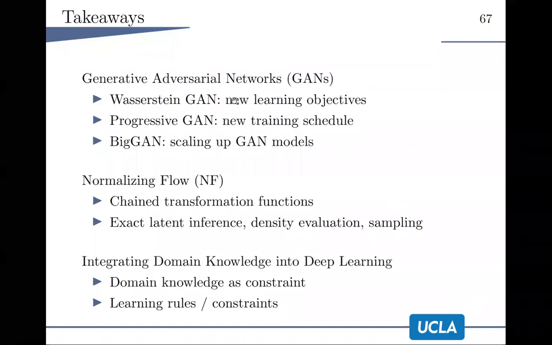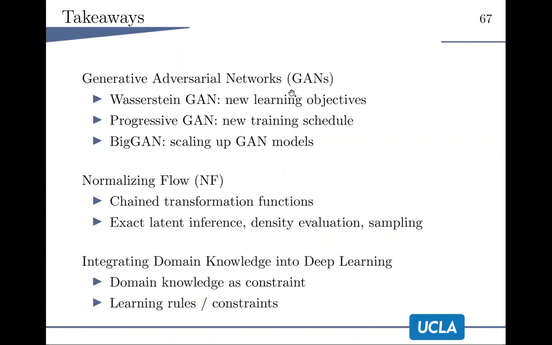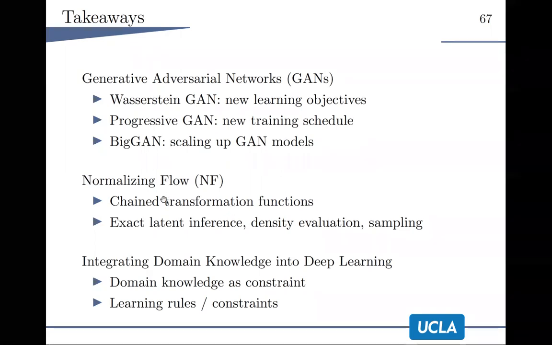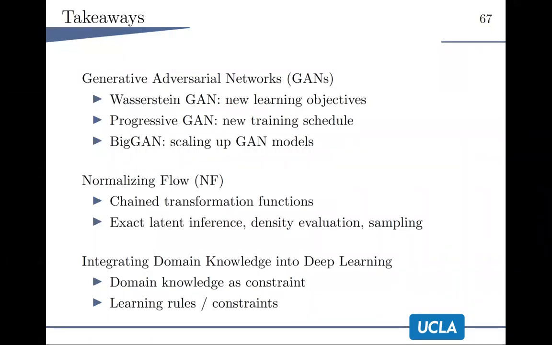There are some very interesting tricks and ideas on the variations of generative adversarial networks, such as W-GAN, progressive GAN, big GAN, and also some very interesting things about normalizing flows, which we just briefly touched on, but which are said to be much more affordable than generative adversarial nets.